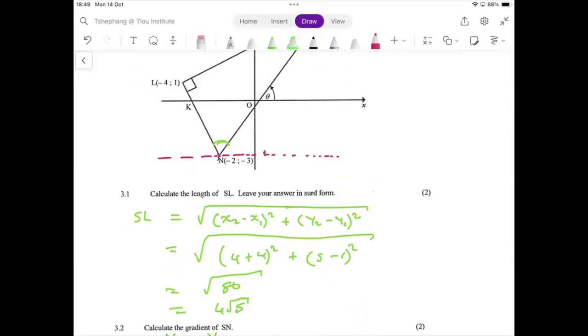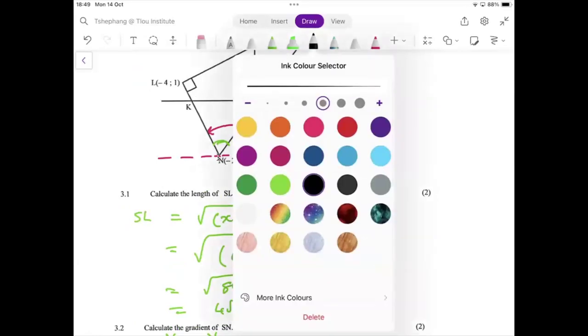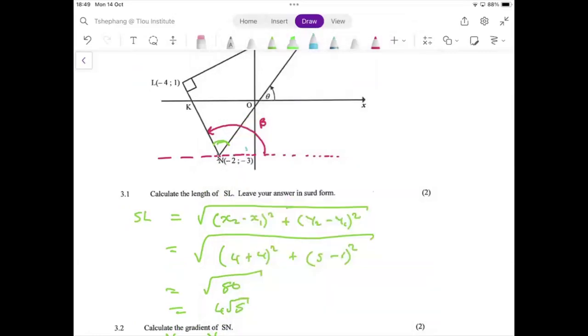I know that this angle here, let me call it beta. How can I find beta? For me to find beta, I need to use LN. Then I can also find this angle here, which I know is theta. Why is it theta? Because those are corresponding angles. So this angle corresponds to that angle there.